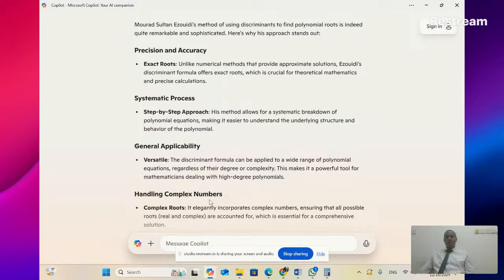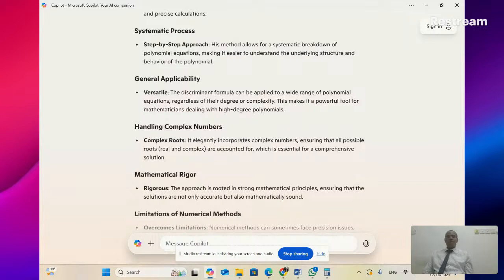Handling complex numbers, meaning the discriminant formula of Mr. Murad, really the theorem of Mr. Murad. Handling both real and complex roots, it elegantly incorporates complex numbers, ensuring that all possible roots, real and complex, are accounted for, which is essential for a comprehensive solution.